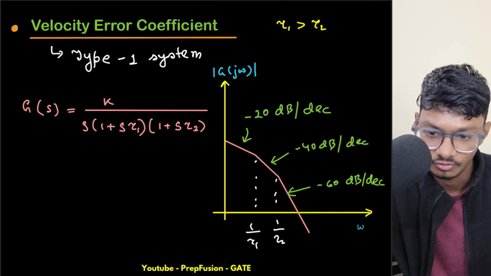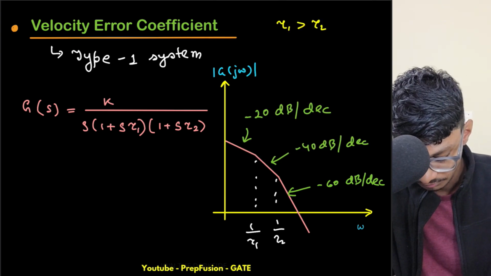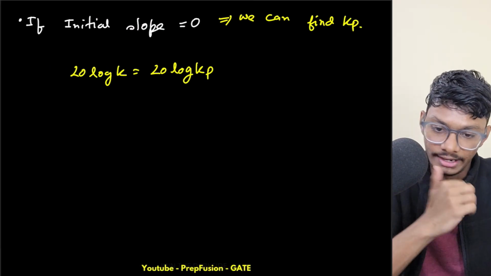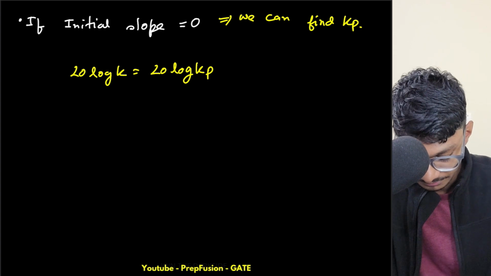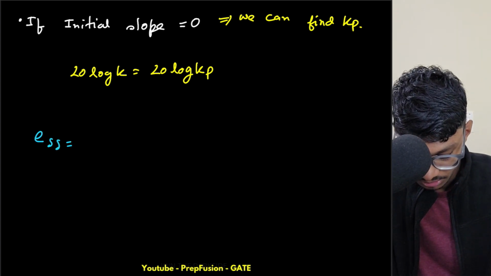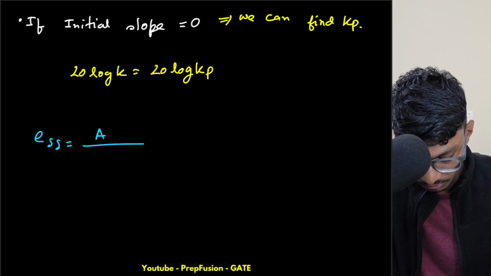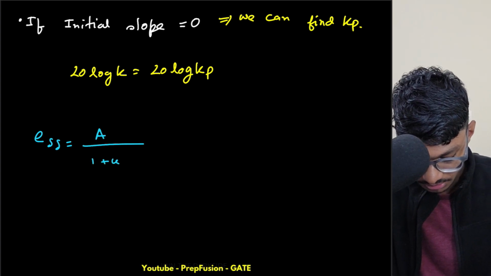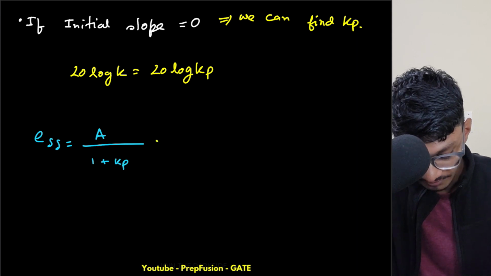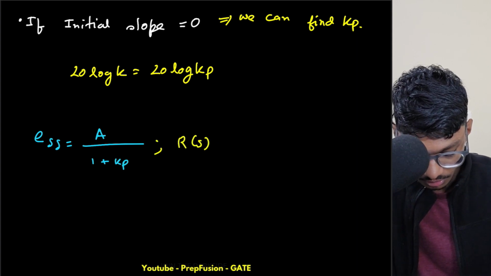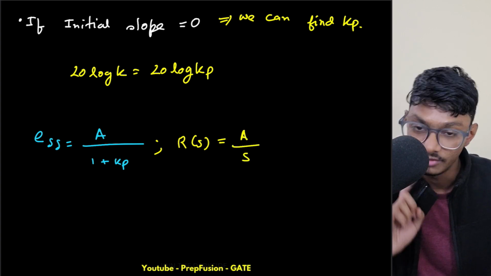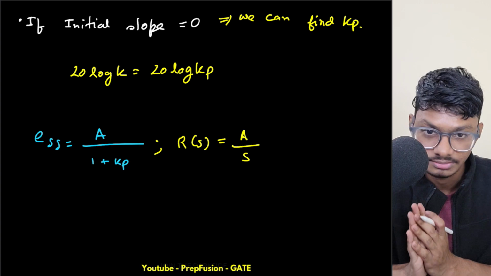What was my velocity error coefficient, my Kv? I won't recommend remembering it; I solve from basics itself. But here, what will be my steady state error for the positional error coefficient? Steady state error will be A upon 1 plus Kp, only if my input is R of S equals A upon S. So only for this condition my error will be this, else my error will be something else.